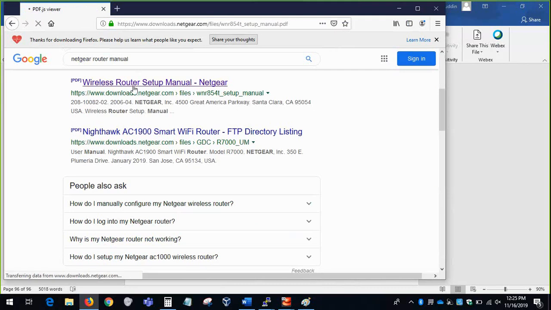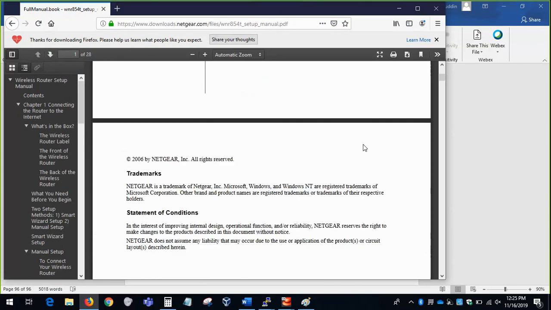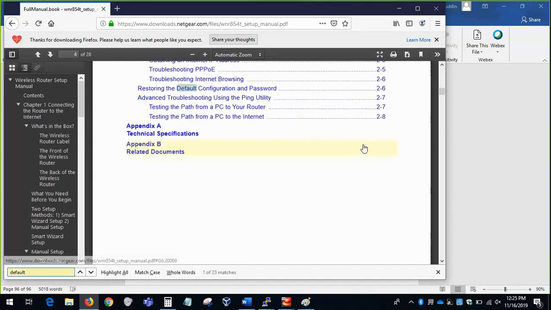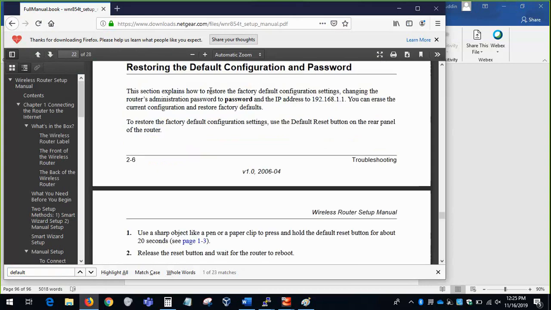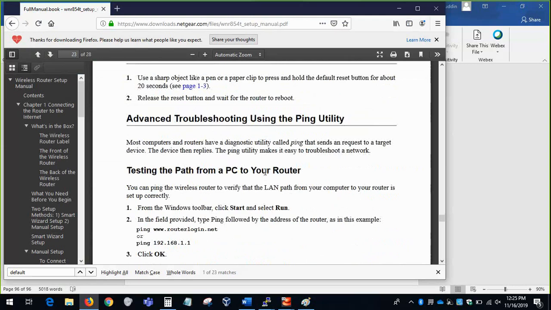So I'm looking at the Netgear manual here. Every router has a 192.168 something, right? Exactly. And there is nothing going on the internet here. You could assign whatever you want.